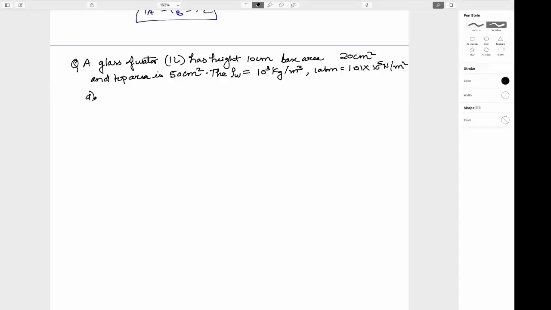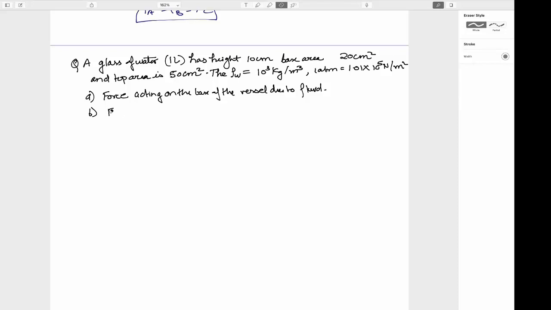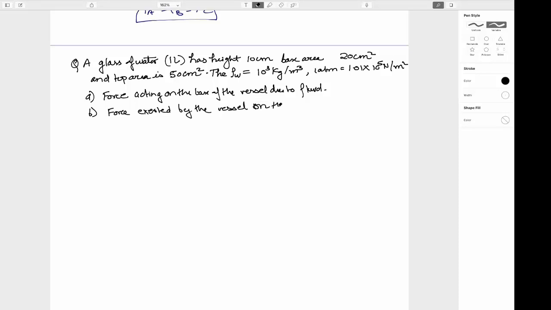We need to calculate the force acting on the base of the vessel due to fluid, and another is the force exerted by the vessel on the fluid as a reaction.